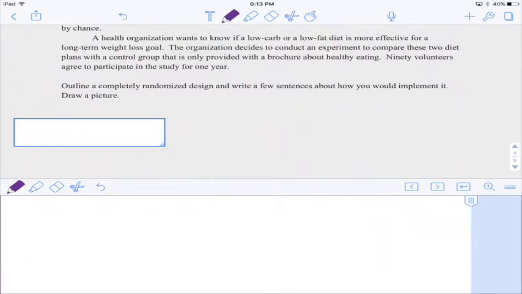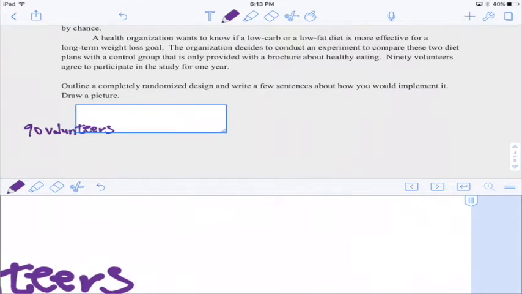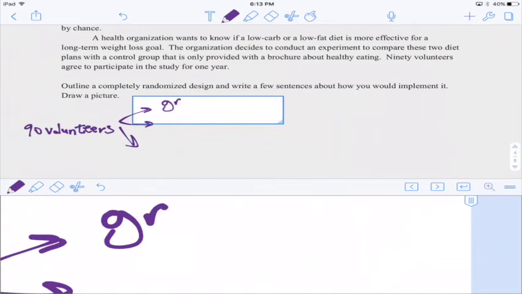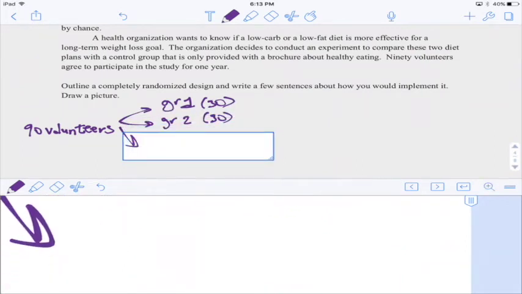Draw a picture. So we have our 90 volunteers. We're going to put them into 3 groups. Group 1 is going to have 30. Group 2 will have 30. And group 3 will have 30.